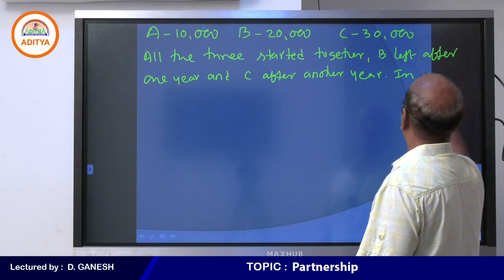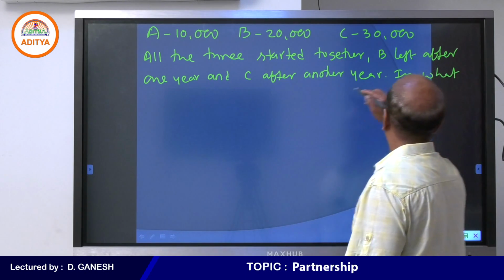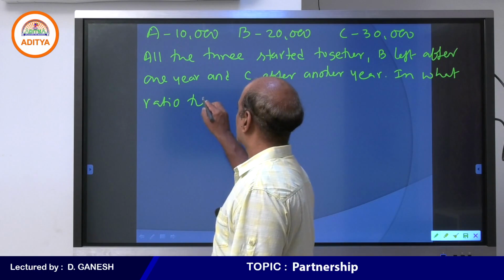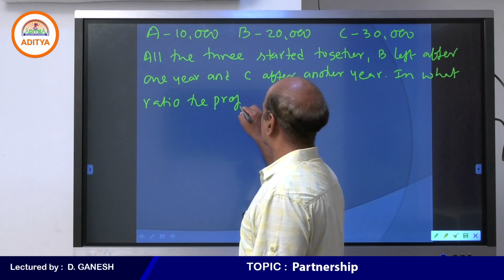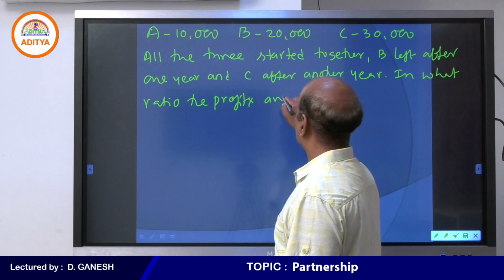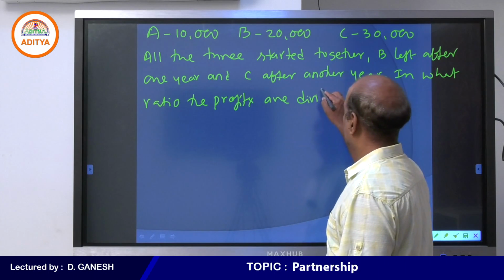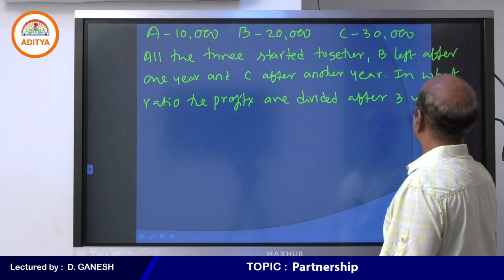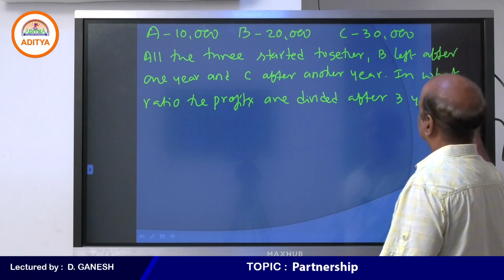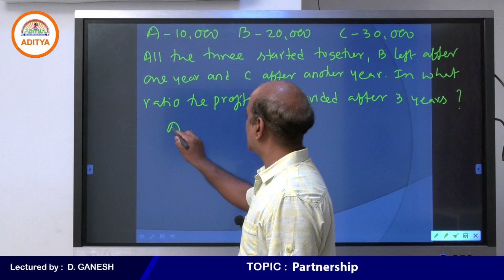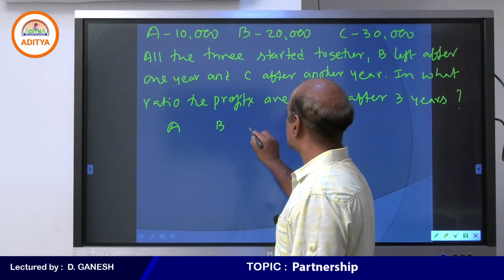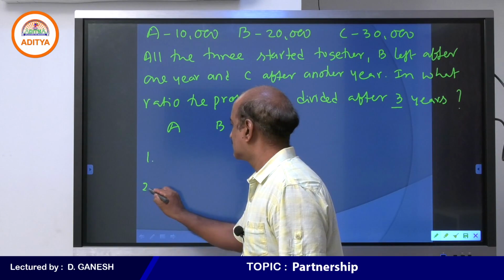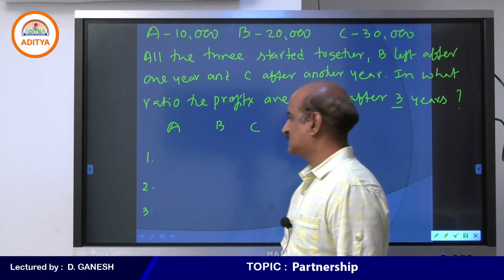In what ratio are the profits divided after 3 years? Student, please listen to me. A, B and C, the business after 3 years. Okay, so we divide into 3 parts: first year, second year, third year.